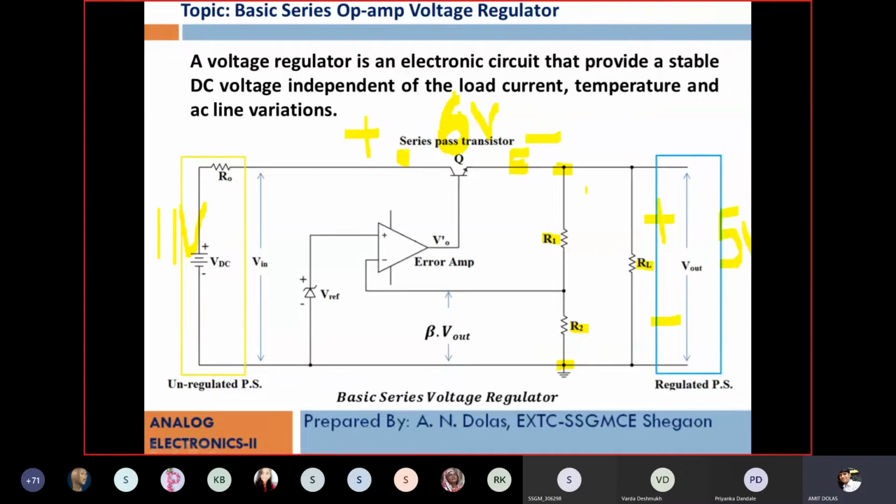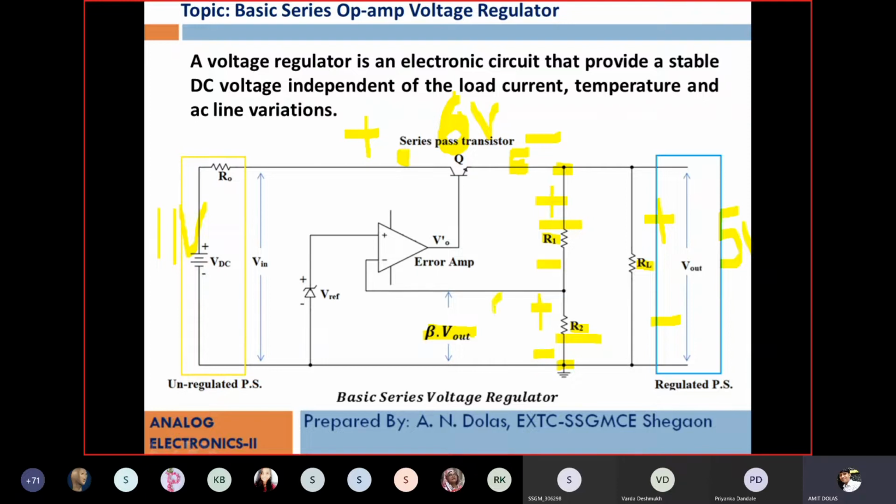That is taken by the feedback components R1 and R2, and a sample of the output voltage Vout is taken here, that is beta Vout, where beta is R2 by R1 plus R2, because whatever the output voltage, it will drop across R1 with plus up and minus down, and across R2 plus up and minus down.